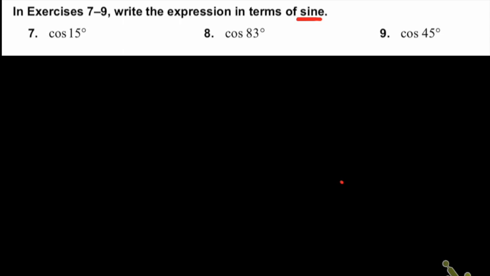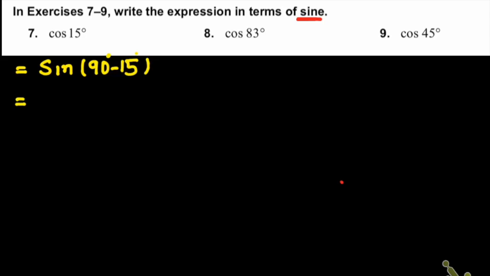If I'm just doing the first, 7, it's going to be sine of 90 minus 15. 90 degrees minus 15 degrees, that's my answer.